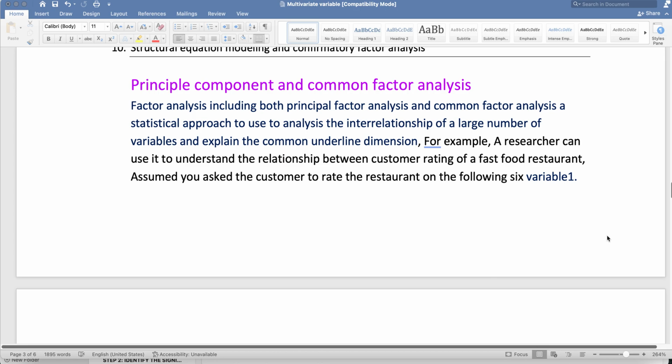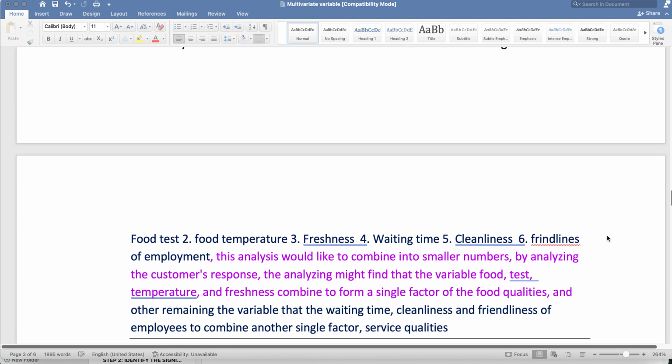If we talk about principal component and common factor analysis, we will discuss factor analysis, including both principal factor analysis and common factor analysis, a statistical approach used to analyze the interrelationship of a large number of variables and explain their common underlying dimensions. For example, a researcher can use it to understand the relationship between customer ratings of a fast food restaurant. Assume you ask customers to rate the restaurant on the following six variables.